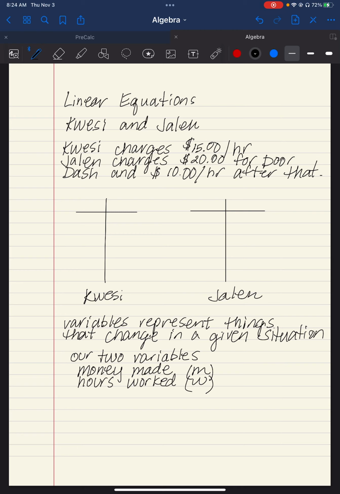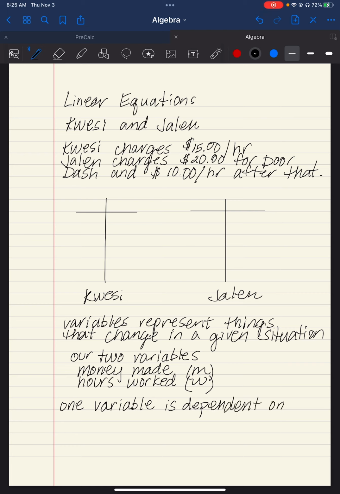All right. So we have two variables, M and W, and we want to know how they impact one another. Well, the truth of the matter is that one of these variables is dependent on the other variable. One of these variables depends on what happens with the other. And if you think about this, you can usually determine which variable is dependent, and we call the other one independent.